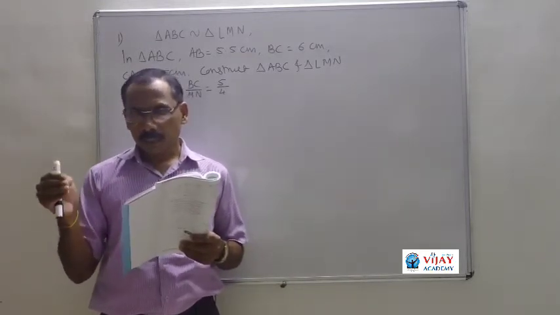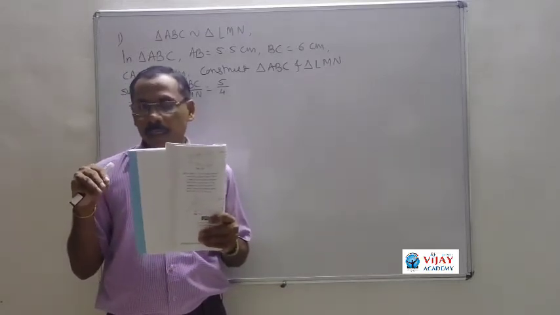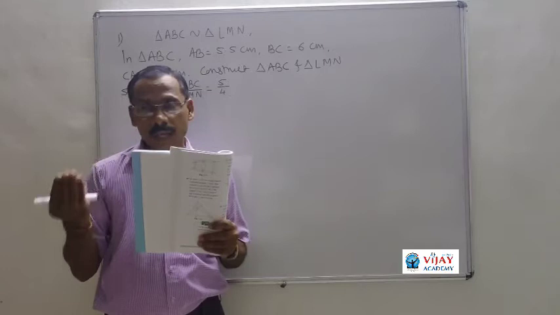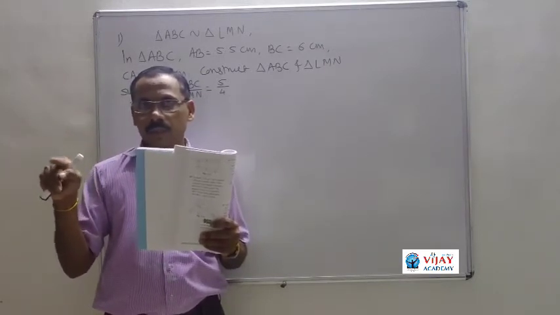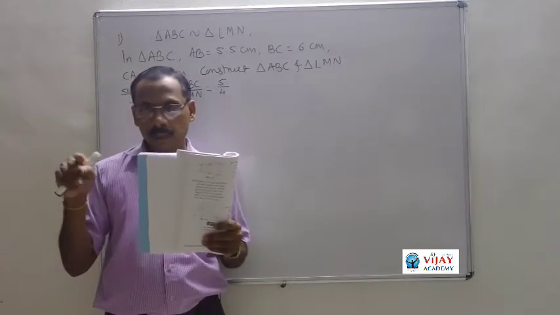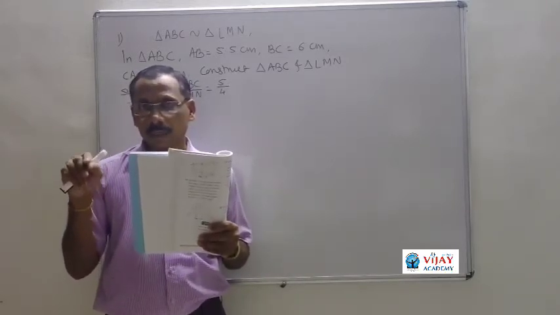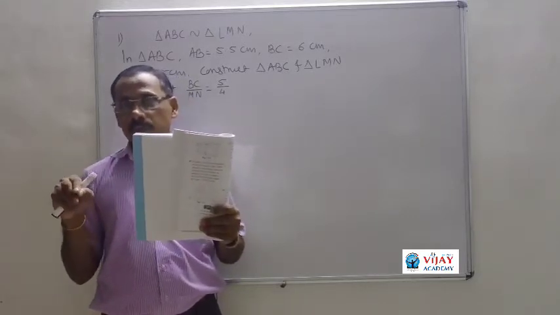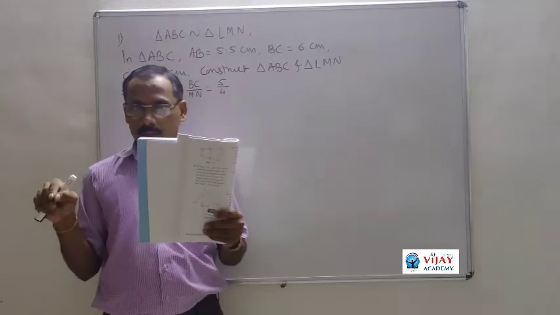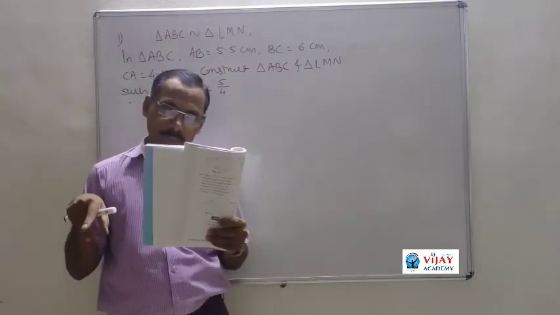These ratios are constant, and angle A is congruent to angle P, angle B is congruent to angle Q, and angle C is congruent to angle R. So these three angles are congruent.